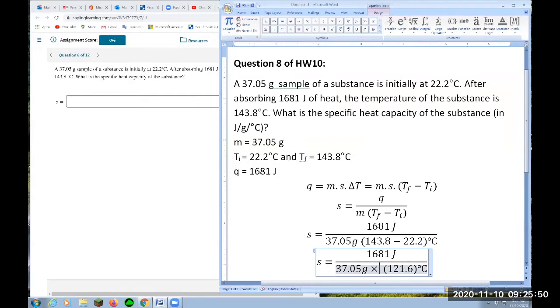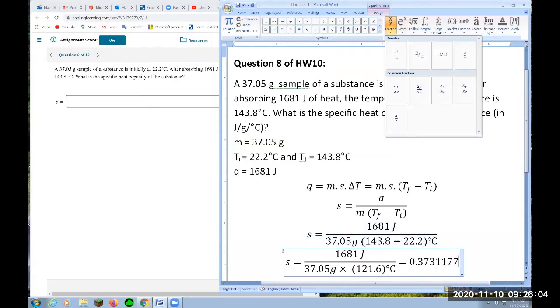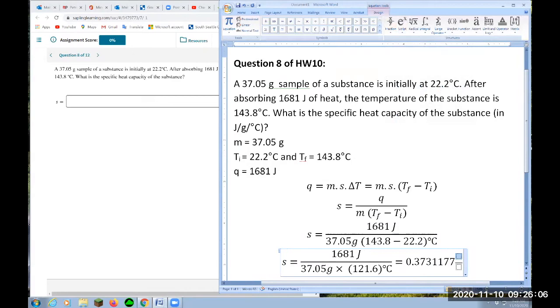And the calculator answer in this case is 0.3731177. So this is joules on top per gram and per degree. We need to round this properly.